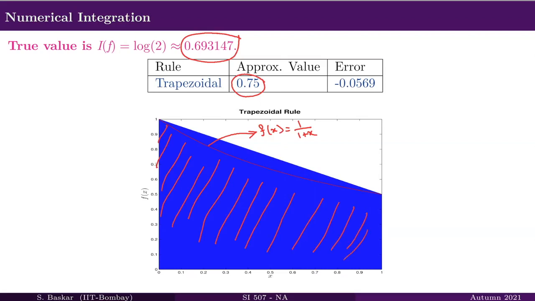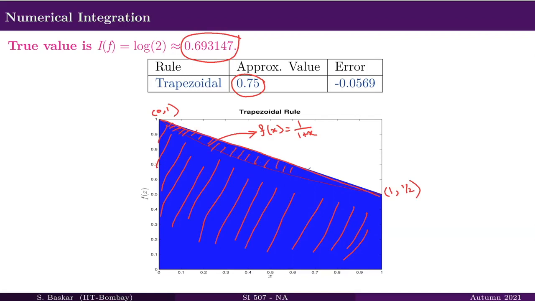But what we obtained from trapezoidal rule is the area under this straight line joining the point 0, 1 and 1, 1 by 2, and thereby we have committed some error.